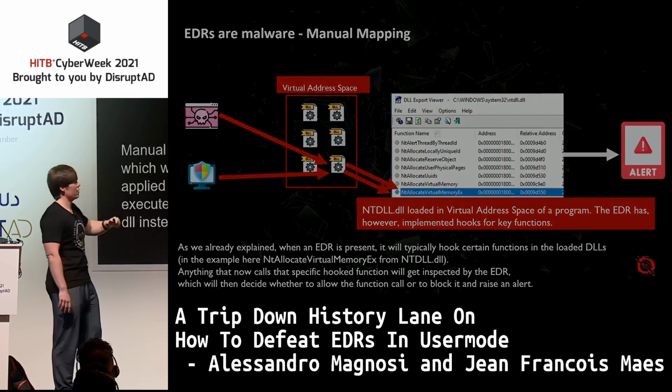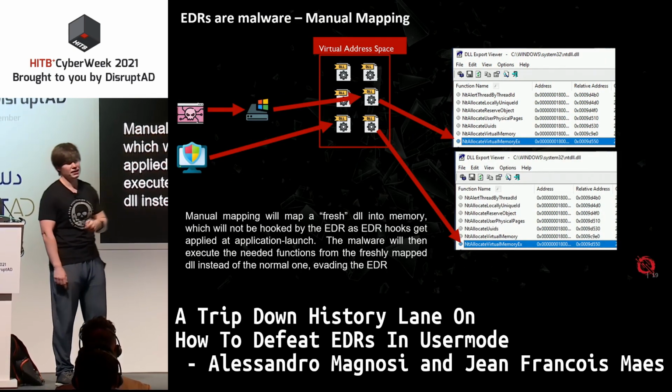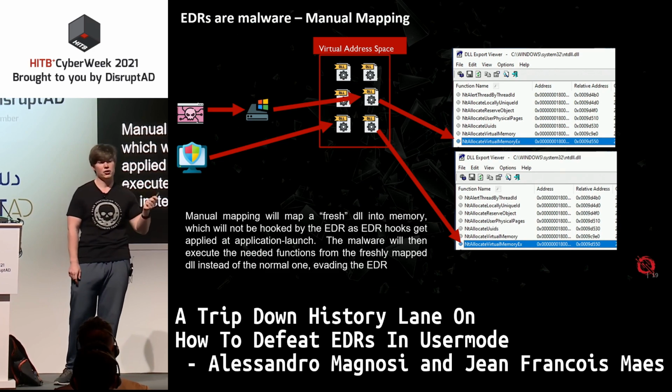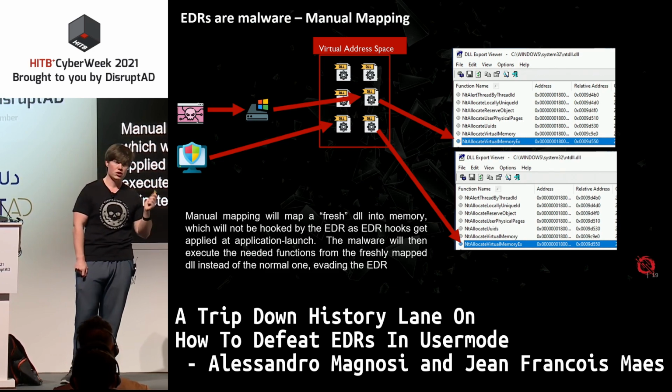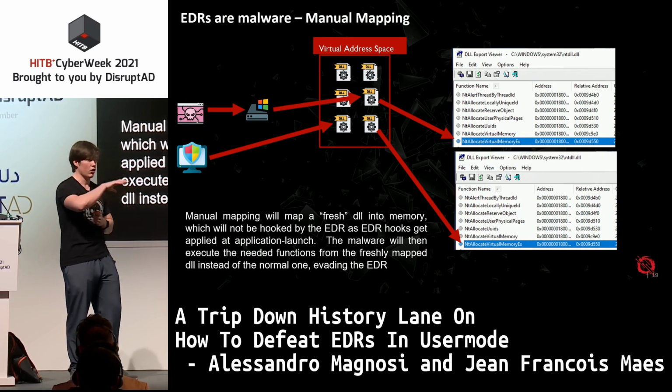But if I'm a smart malware author, I know that ntdll.dll is already in my process memory, but I want to create a new ntdll.dll image in my own memory. So I'm going to fetch a clean ntdll.dll from disk and map it in the memory of the process I'm currently in.